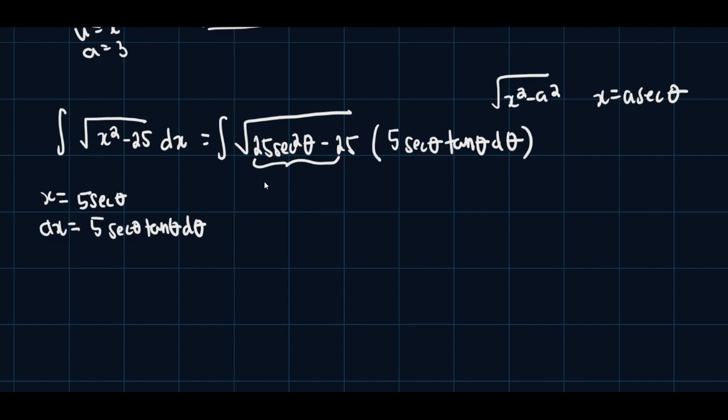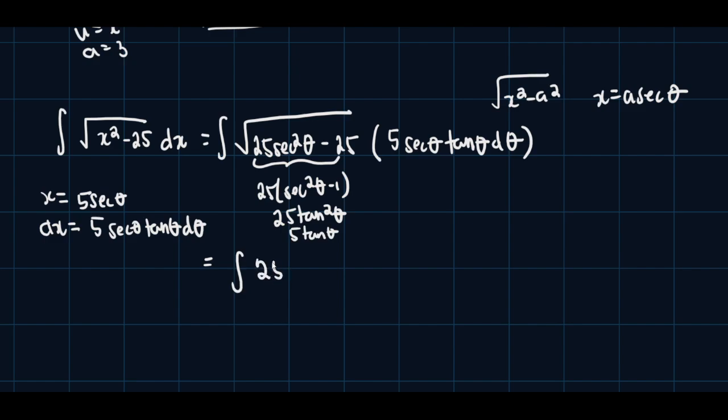Okay, this one is technically 25 times secant squared theta minus 1, or 25 tangent squared theta. So after simplifying and extracting the square root, we're left with 5 tangent theta.